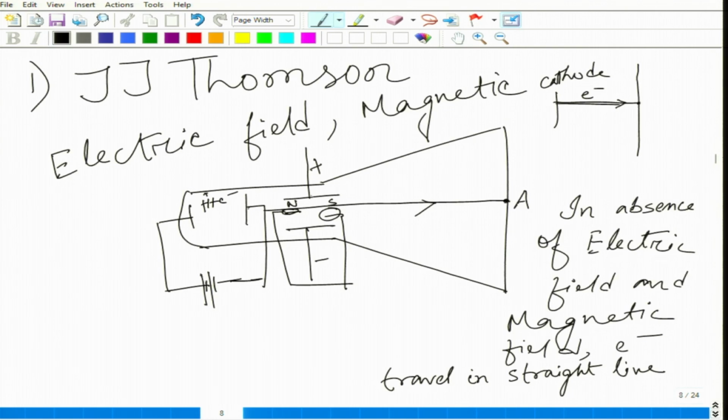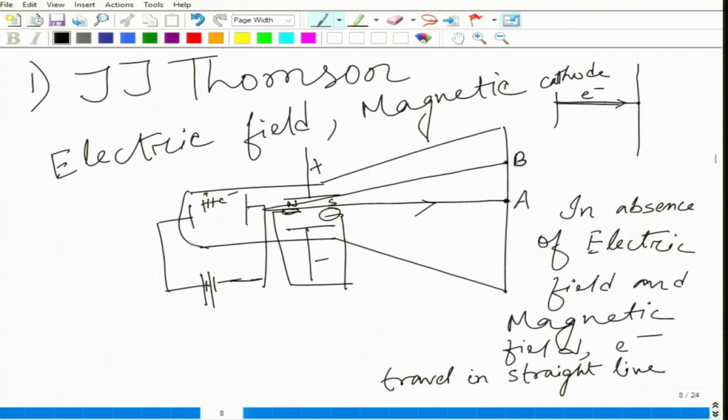Now, if the electric field is present only, then the electrons are negatively charged, so they will be attracted towards the positive plate. So there will be a deflection in their path and the electrons will hit this position.